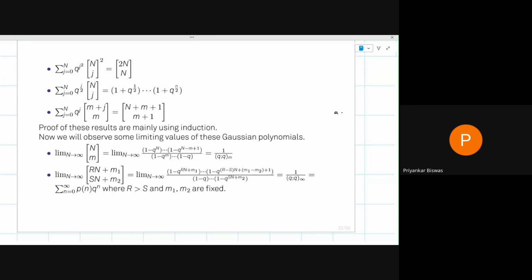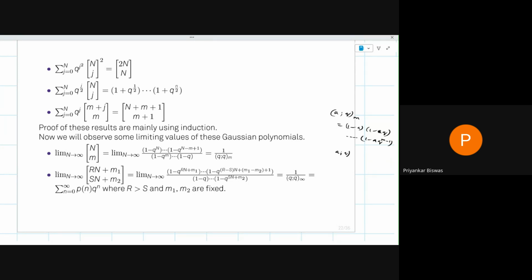This thing actually means this product: 1 minus a, 1 minus aq, up to 1 minus a q power m minus 1.